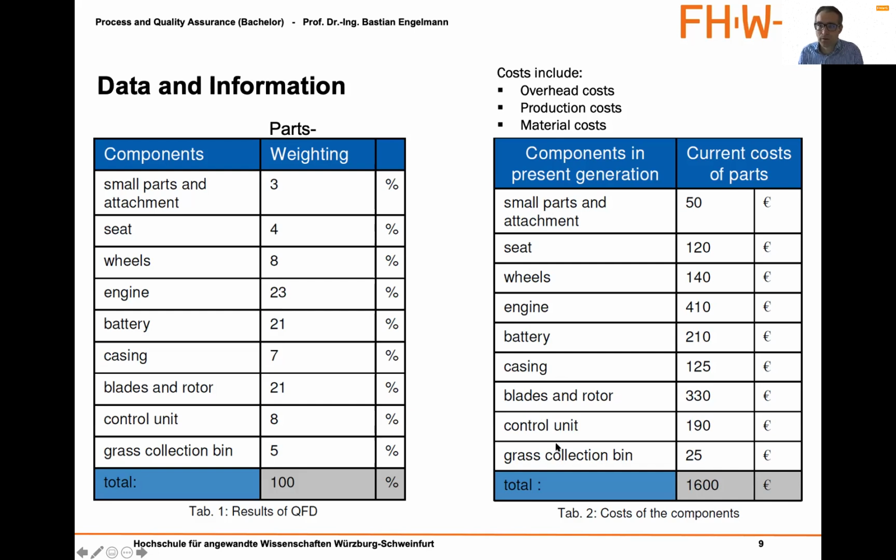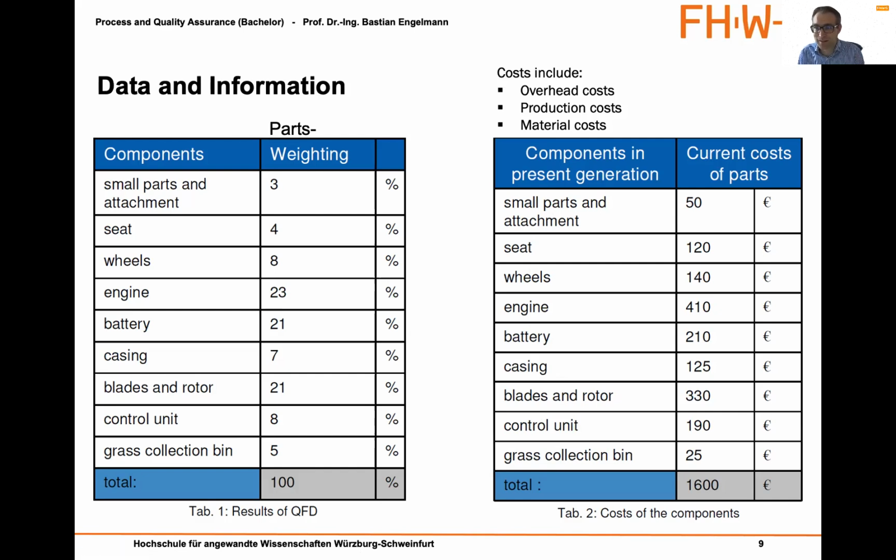And you will see it's not a big deal. Just doing a little bit of calculation, and then you will find out what, together with the importance of the components, we need to do on each component that we, in the end, realize a cost reduction of 104 euro.